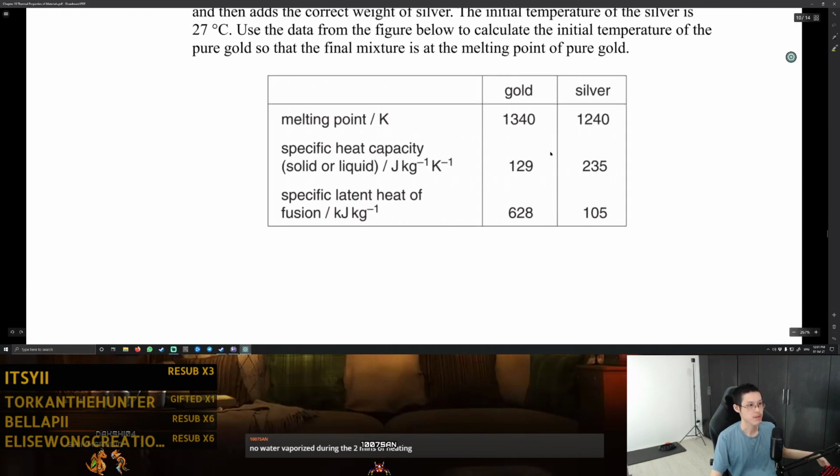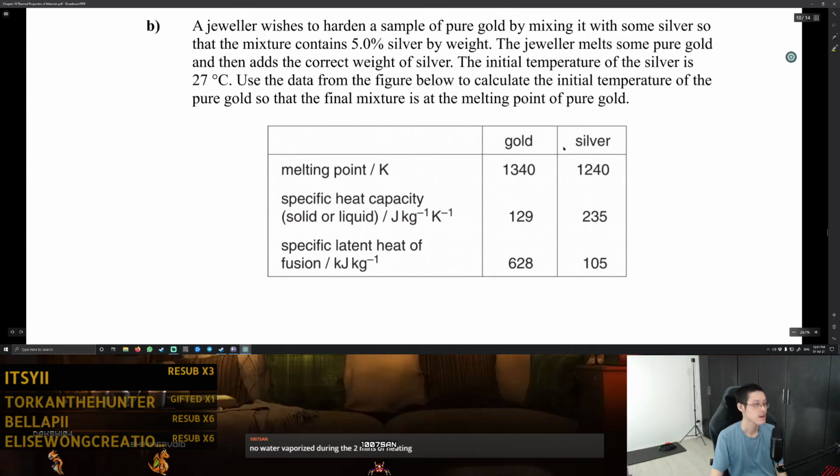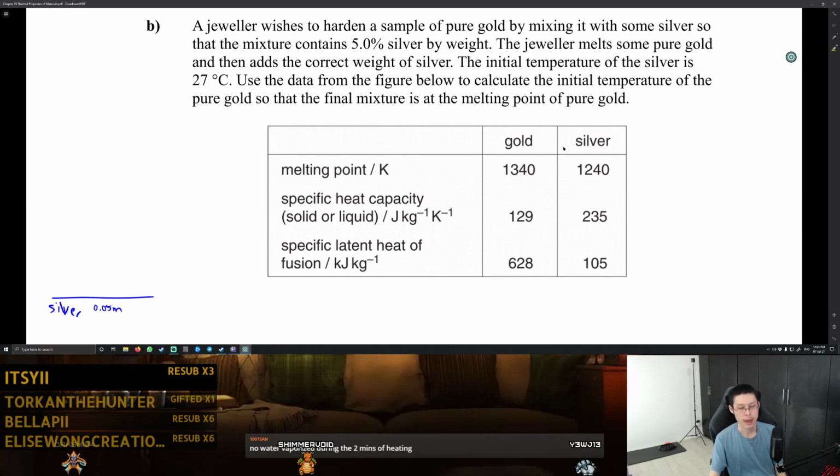So let me see if we can draw it over here. You have your silver at 27 degrees Celsius, and then we're gonna call this 0.05 M. So M is the mass of the final mixture, and we want silver to only be 5% of the final mixture's mass, because mass is proportional to weight. So that's why we are calling it 0.05 M here.